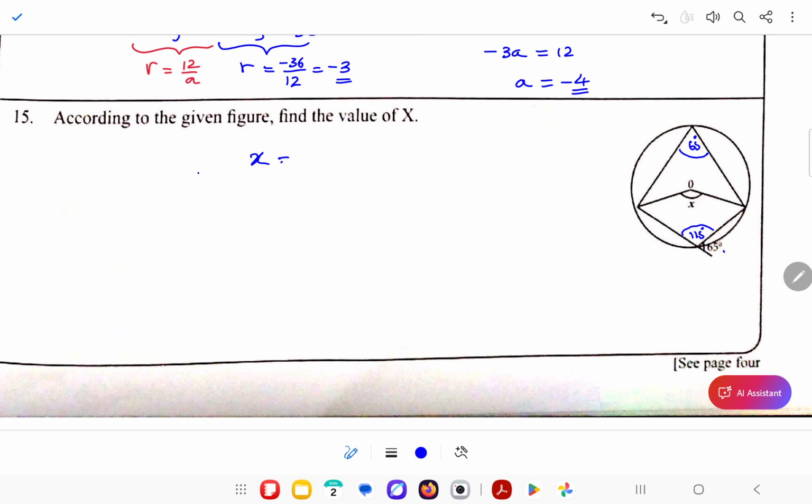X is 2 times 65 degrees, so 130 degrees. Reason is why? Angle subtended at the center is equal to twice the angle subtended at the circumference. So the angle subtended at the circumference is 65. So then the angle subtended at the center is going to be double that. So 130.